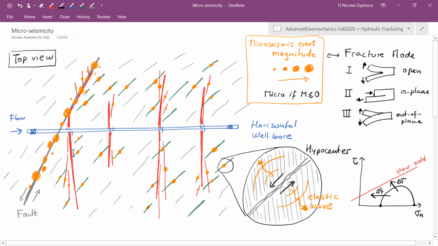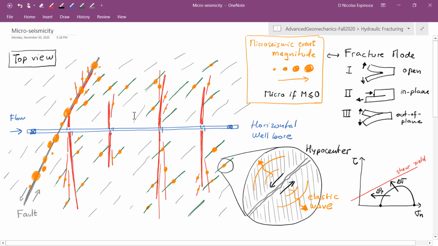So in red, I have drawn these main fractures, which are mode 1 or combinations of mode 1 and mode 2 and 3. And also we have a set of natural fractures here in gray, where reactivated fractures are drawn in green.